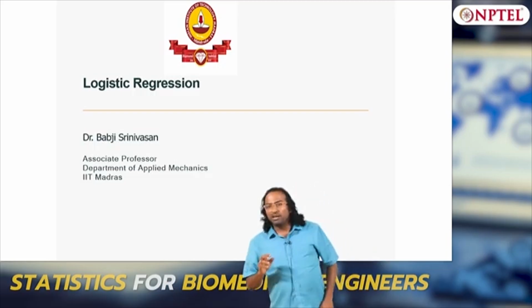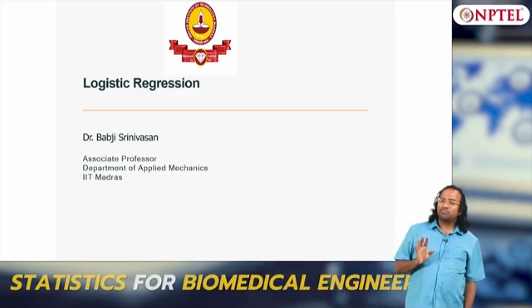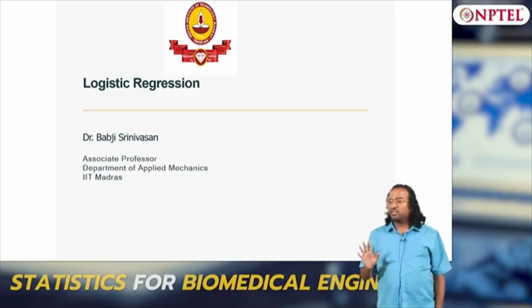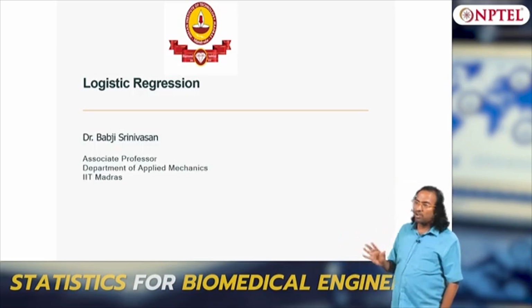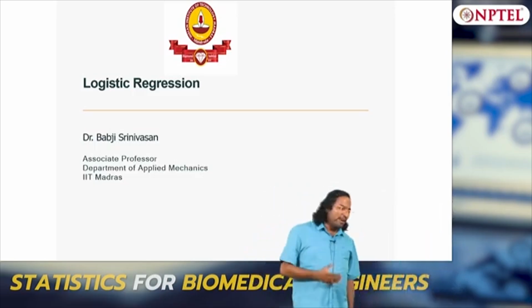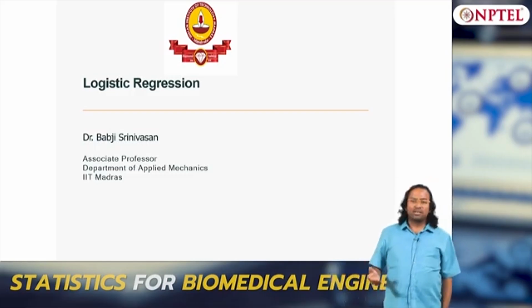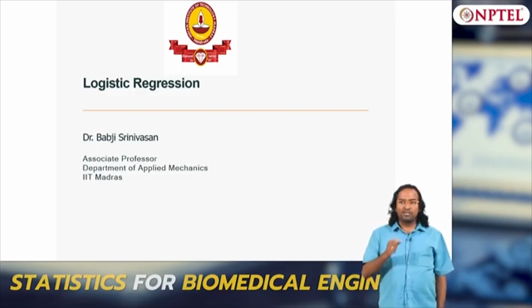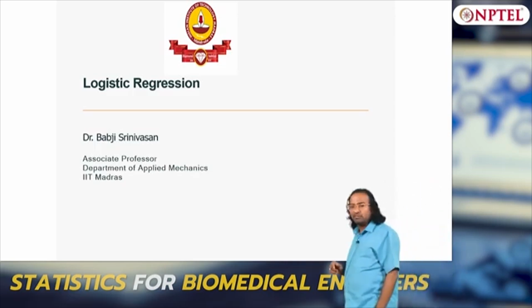Every neuron in your neural network is solving a logistic regression problem. Every classifier whatever you know of is only solving a logistic regression problem, okay. So that is why it is a very important machine learning and statistical tool, necessary for today's engineers, especially when you deal with data, okay.